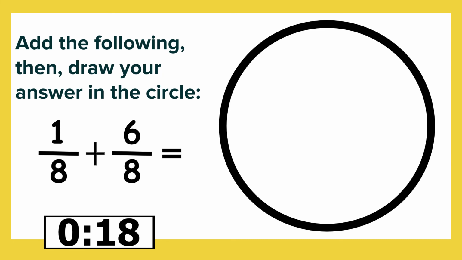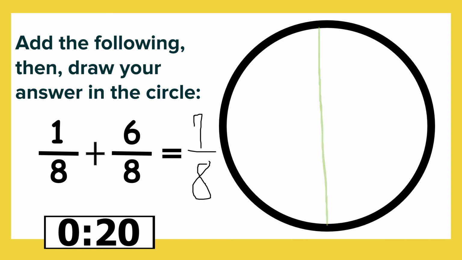Next, add the following, then draw your answer. So with this one, let's just copy the denominator, then add the numerator. 1 plus 6 is 7. And then let's do this in this circle.